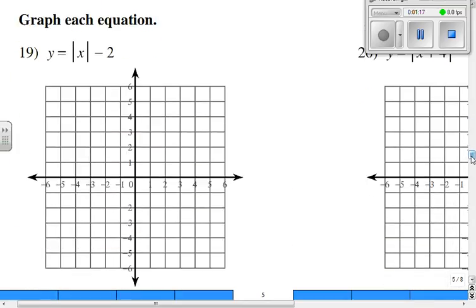Okay, we're asked to graph the equation here, and our equation happens to have an absolute value. Well, why don't we make a table? That might be the easiest thing for us to do here. So let's go and make a table.